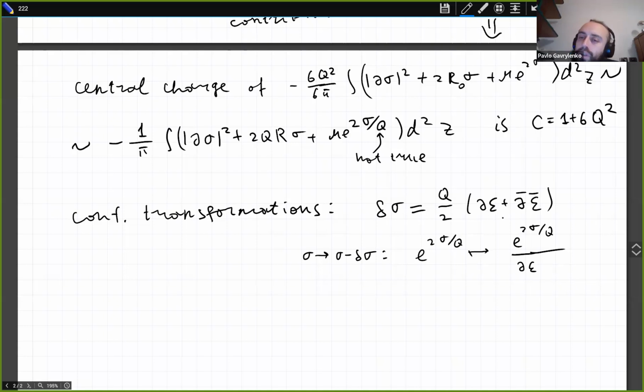No, I should have written a logarithm here actually. No, not fine.